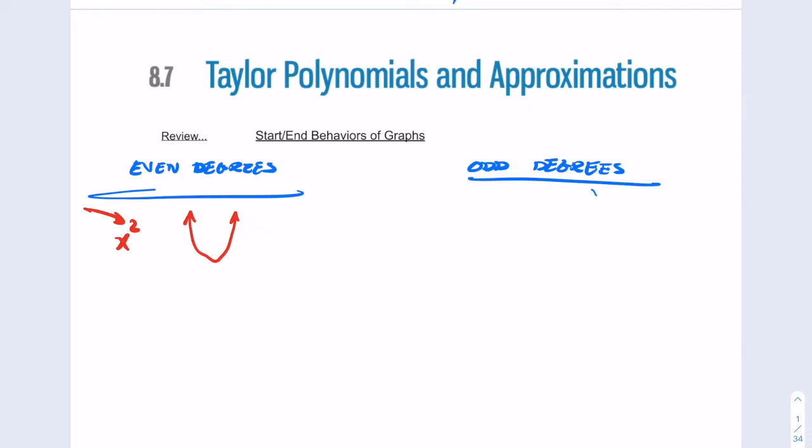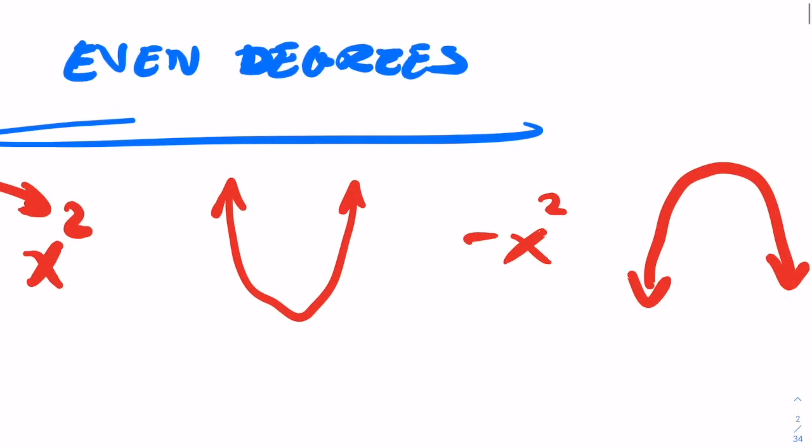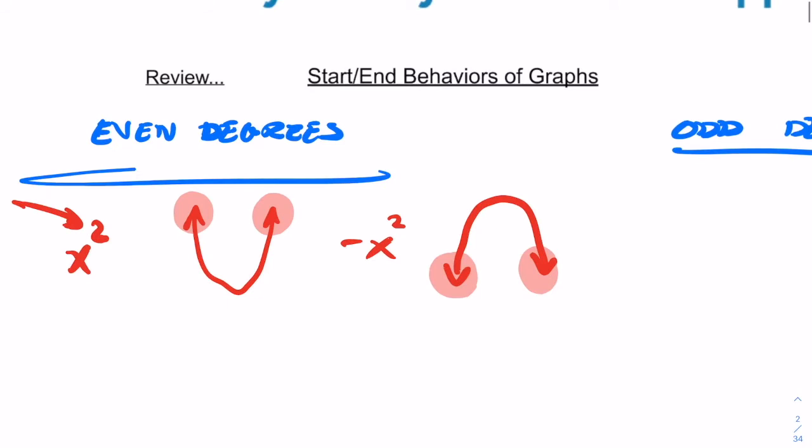All right. Notice if I did negative x squared, you guys know that that's just a reflection. But notice how they both point in the same direction. So whether you go towards the left or to the right here, they both go up towards infinity or they both go towards negative infinity. So they both go in the same direction, okay?